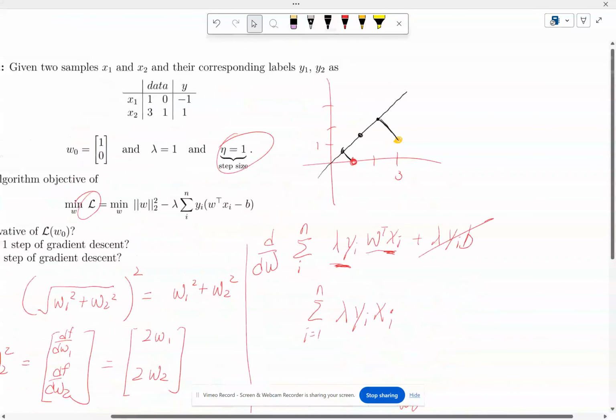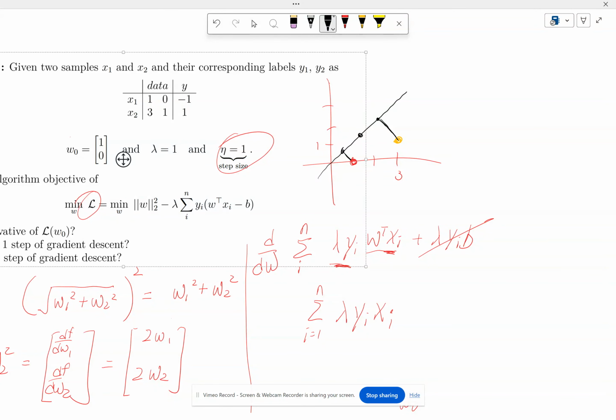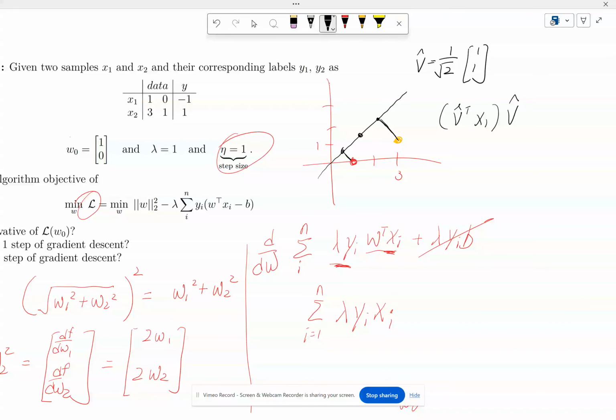So how do you do projection? You have 1, 1. Let's call it V. V is equal to 1, 1. But when we project onto 1, 1, we need to make sure it's normalized. So if you normalize it, V hat is equal to 1 over square root of 2 times 1, 1. That's the normalized version. Next you want to find x1. You project x1 onto V hat transpose, and then multiply by V hat. That will give us this point.